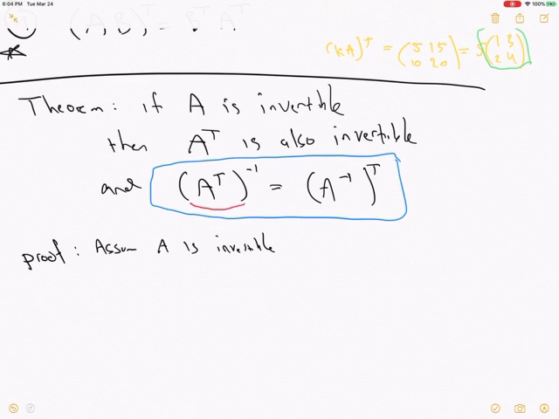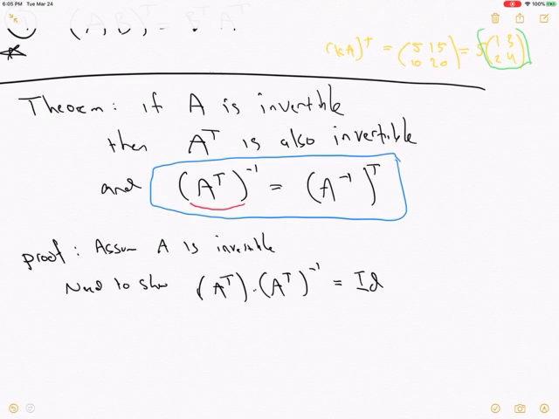Okay, then in order for A transpose to be invertible, we just need to show that A transpose times A transpose inverse is the identity, and we need to do it in both directions, but that's okay.